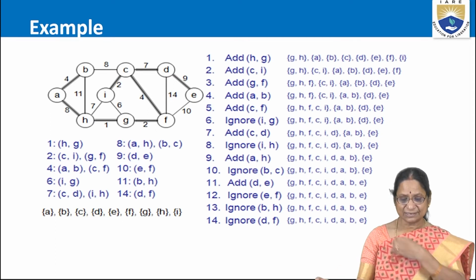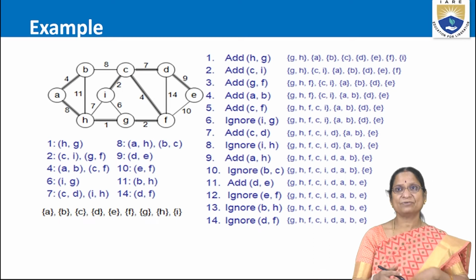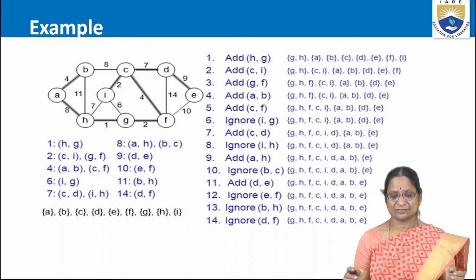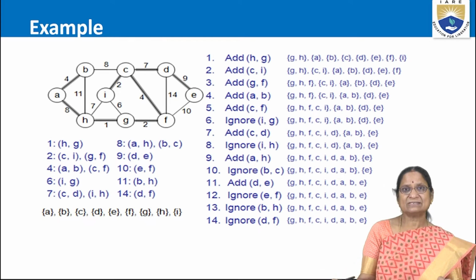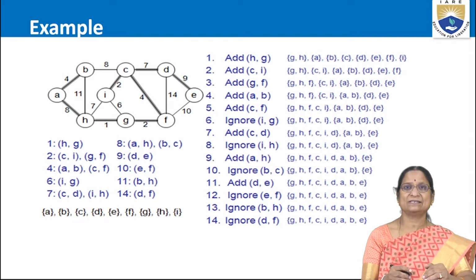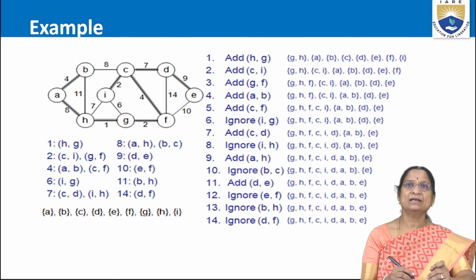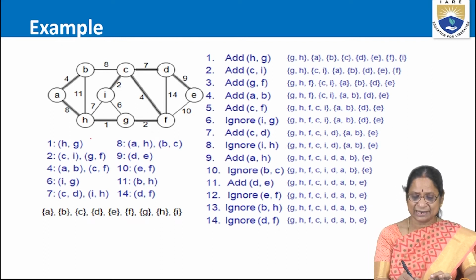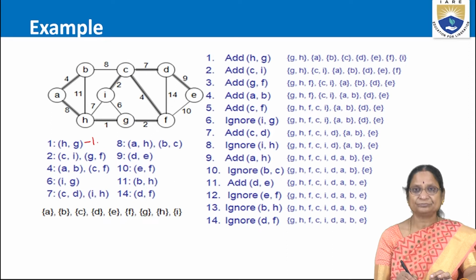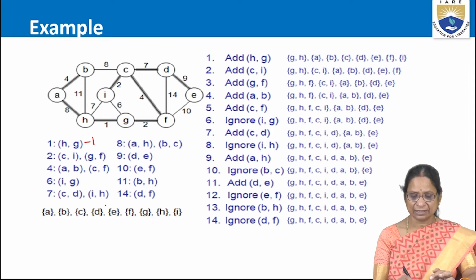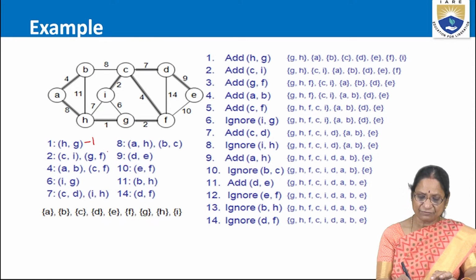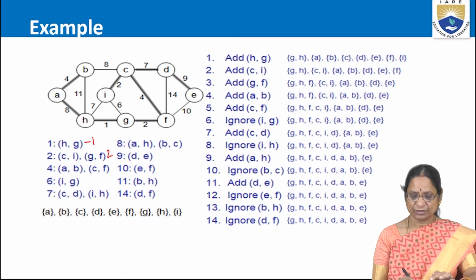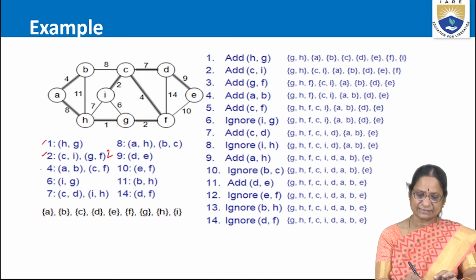Now we will consider the graph example. There are various steps, and first we will arrange all the edges in ascending order of edge weights. Ascending order of edge weights means HG is 1, CI and GF have weight 2, and AB, CF have weight 4.